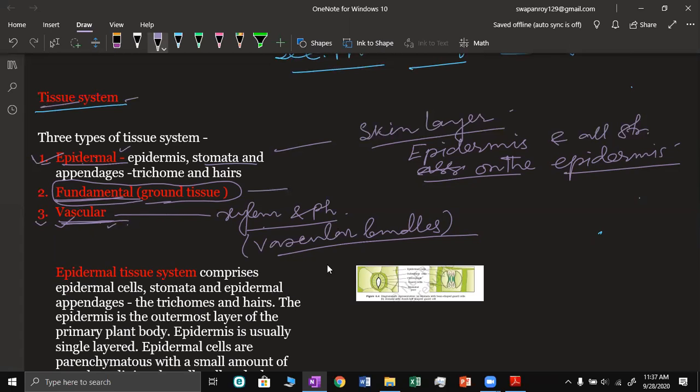In the epidermal tissue system, as I told, there is epidermis and all other structures on the epidermis.